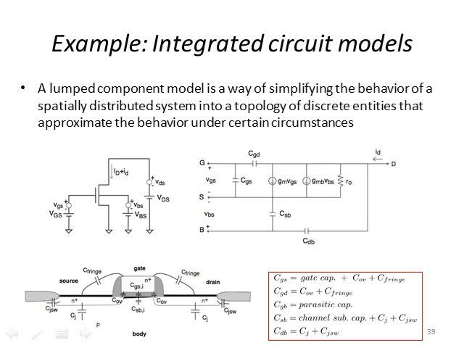Integrated circuit models are an example of this. This is an AC model. This is a two-port network, and it has many capacitors, current sources, and resistors that essentially give you some physical meaning for the real integrated circuit, and how it affects the output from the system.